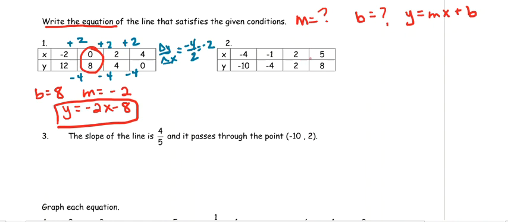This one's a little harder just because you have to kind of work with it, and if you realize the numbers are all over the place, it's going from negative 4 to negative 1 to 2 to 5. So this is where I would actually pick any 2 points and go ahead and use the point method. So what I mean by that is I'm going to pick the 2 positive points, this one and this one.